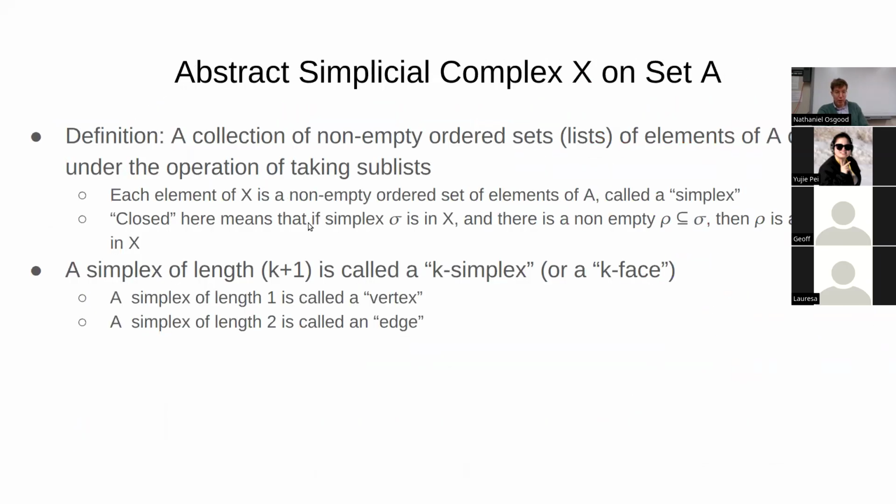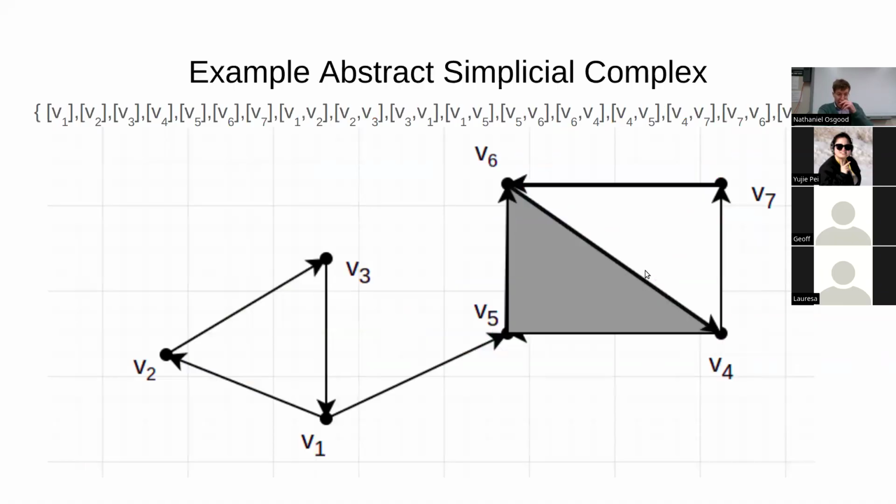And a key property here is that this is closed, so that if a given simplex is in our collection, and there's a non-empty set of vertices that are a subset of that, then that non-empty set is itself associated with a simplex. So, for example, this is closed under taking subsets of things. So the fact that we have V4, V5, V6 here guarantees that in order for it to be a legitimate abstract simplicial complex, V4, V5 also has to be in this.